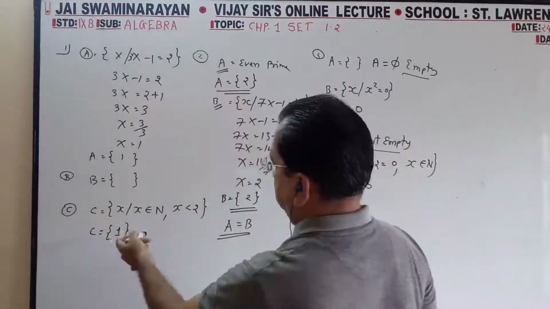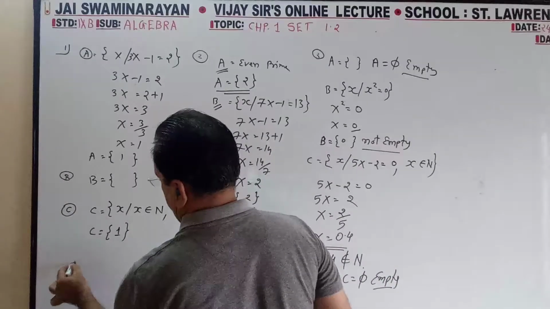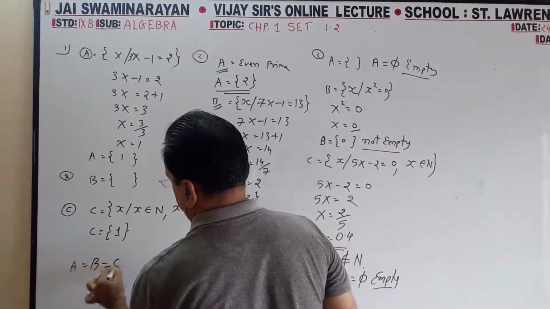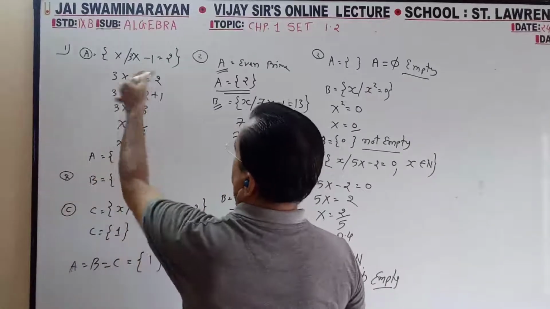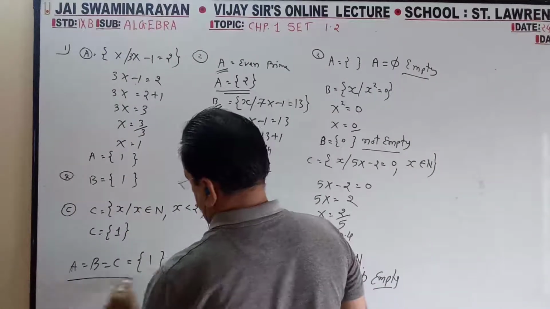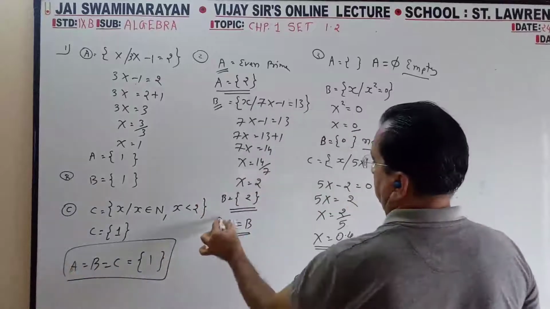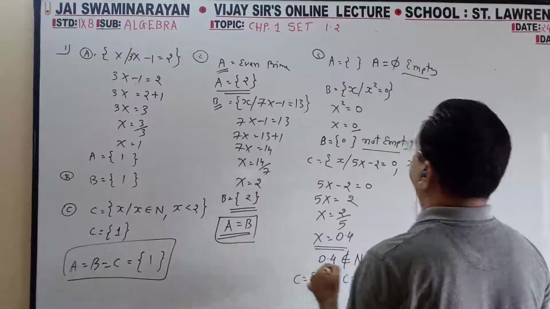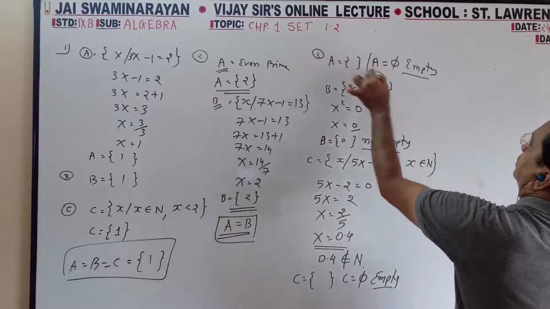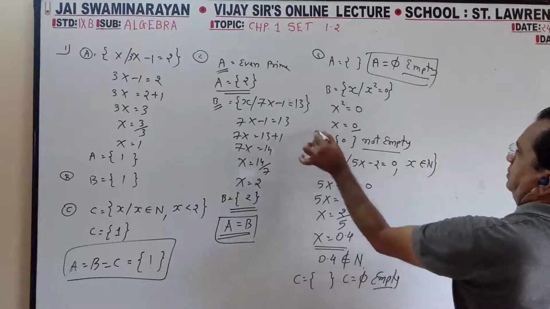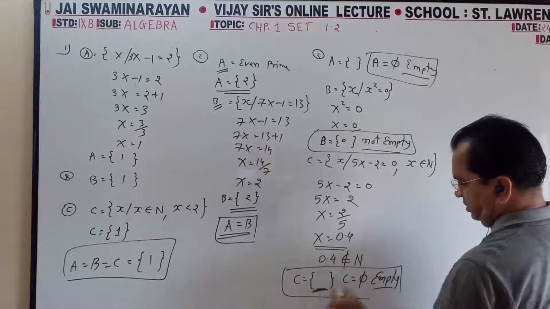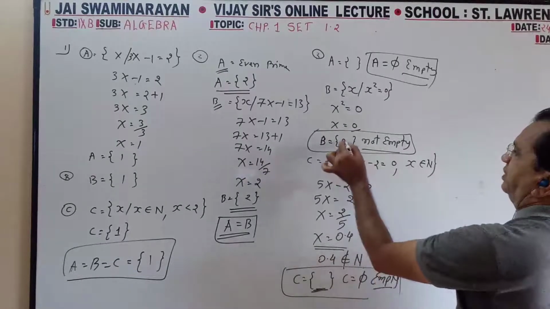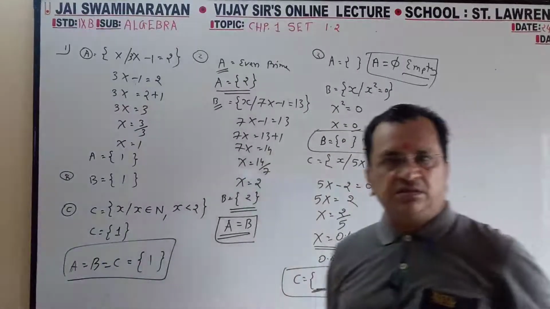This 1, 1, 1, we have to write, no? A is equal to B is equal to C is equal to 1. All are singleton 1, 1, 1. This is the final answer of the first, this is of the second, of the third. When there is nothing, empty. When there is something, not empty.